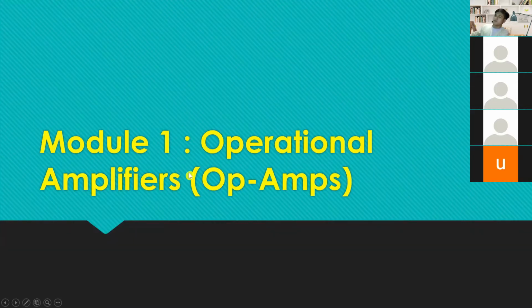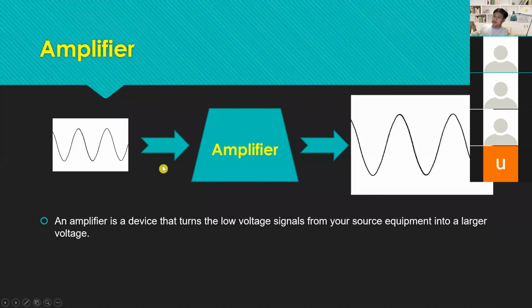Alright, so without further delay, we should talk about the amplifier first before getting to the word op-amps. As you can see right here, we have a current or a voltage wherein once it passes through this device, an amplifier, it will enlarge it or make it larger.